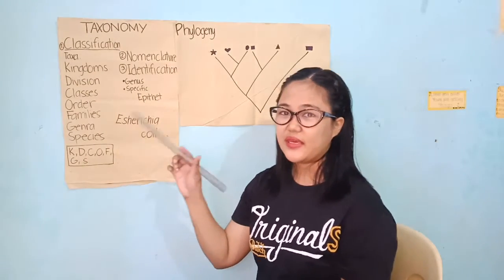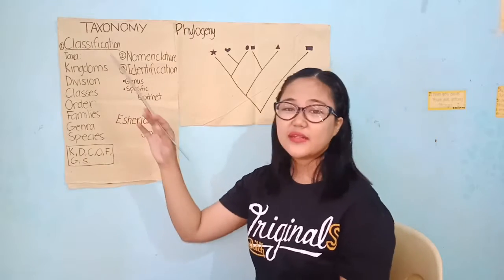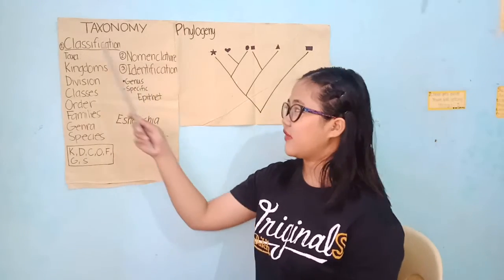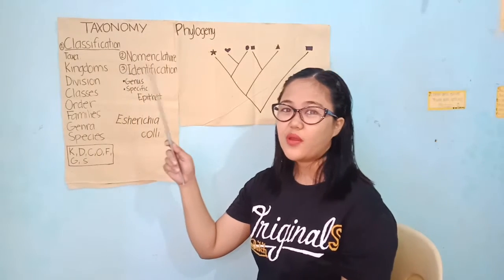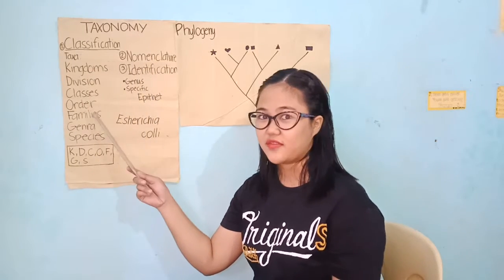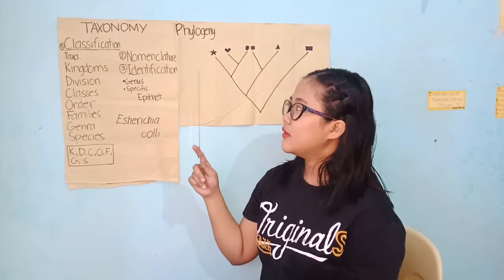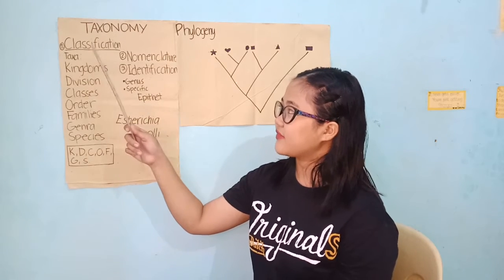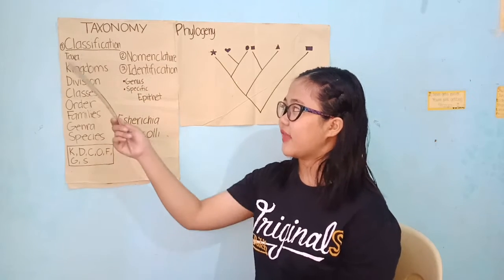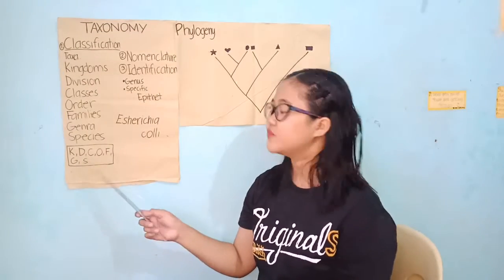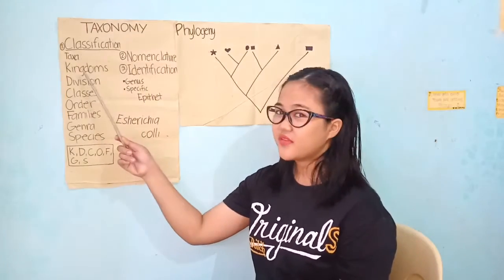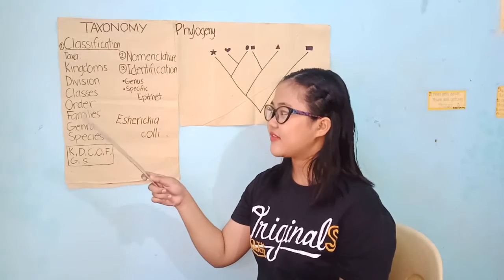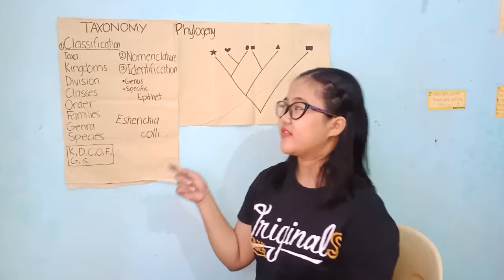Classification means the classification of taxa, the taxa of the species and genus. Under classification, there are 7 types of taxa: the kingdoms, division, classes, order, families, genera, and species.